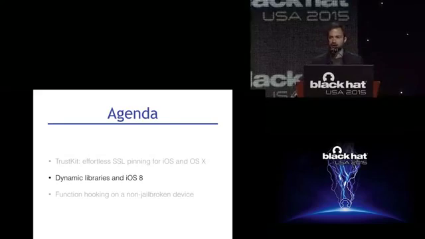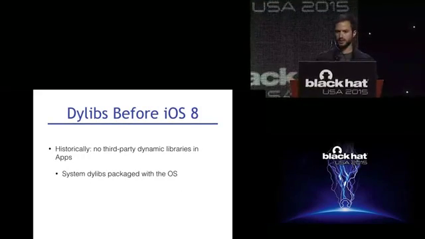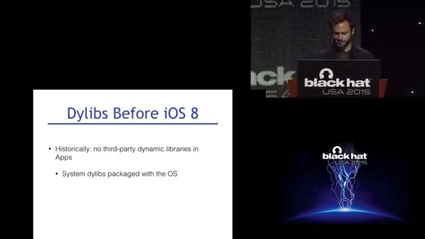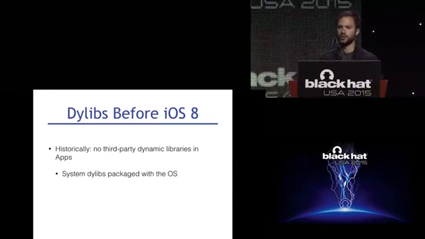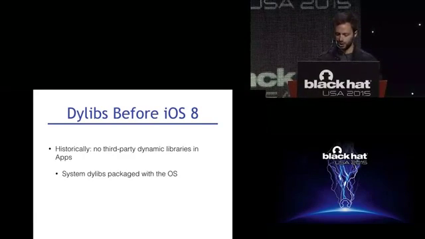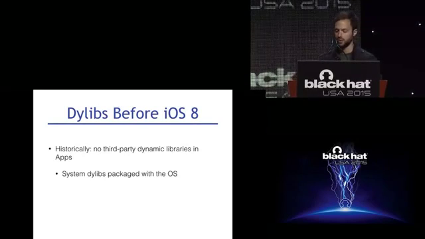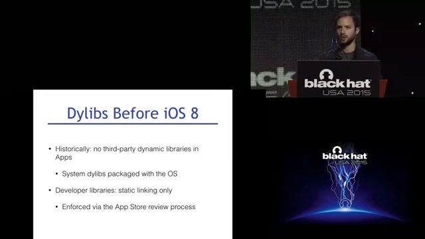Thanks, Alban. Hi, everyone. So before iOS 8, the only way that applications interacted with dynamic libraries would be with those that were pre-installed in the system, like the Apple frameworks like UIKit or Core Foundation, a few Unix libraries like SQLite or zlib. So if we wanted to create our own libraries, the only thing that we could do would be static libraries.